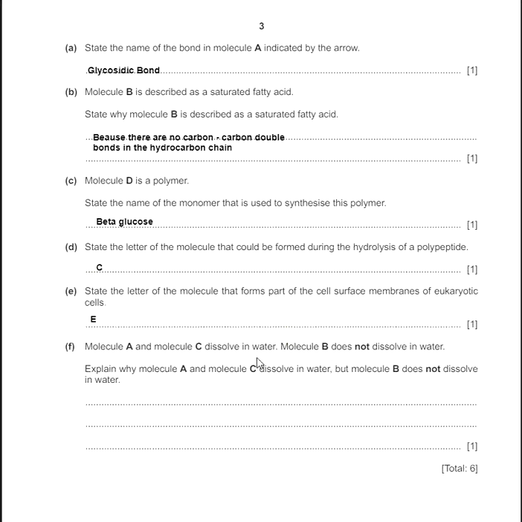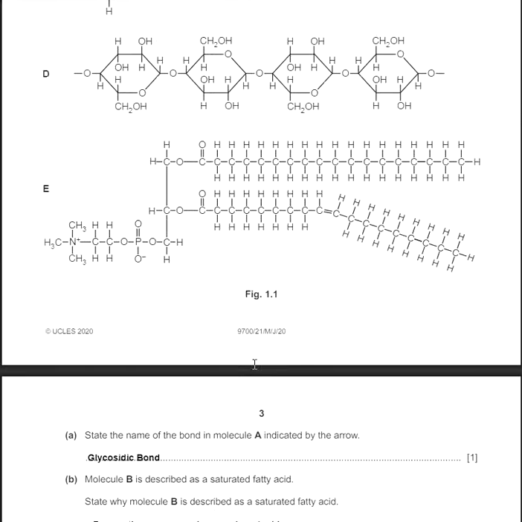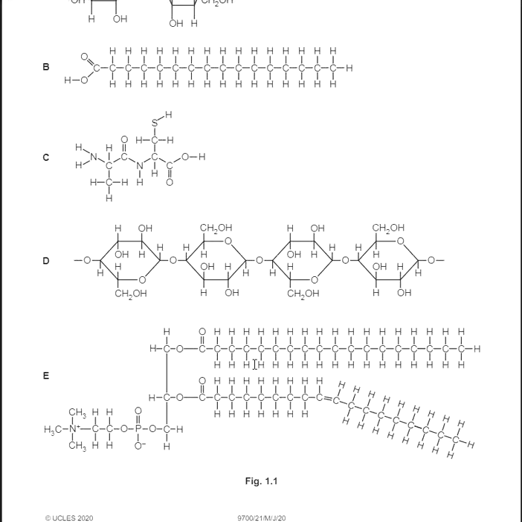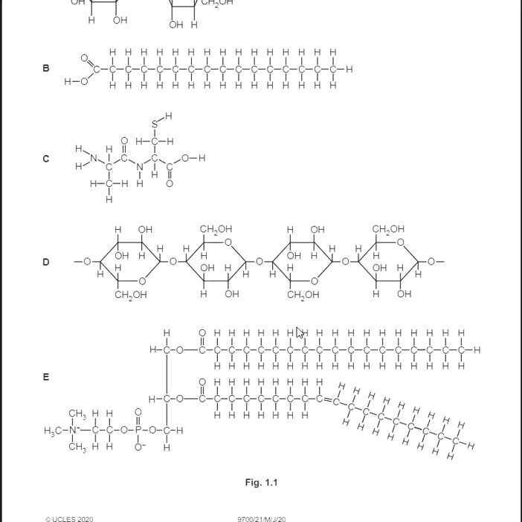That links more or less to what I've already said in the last question, to molecules having parts or groups which are polar, which means they are hydrophilic. They will interact with water to form hydrogen bonds, which causes them to dissolve, and other molecules being hydrophobic, not being able to interact with water because the OH groups are missing, and that leading to the molecule being insoluble in water.